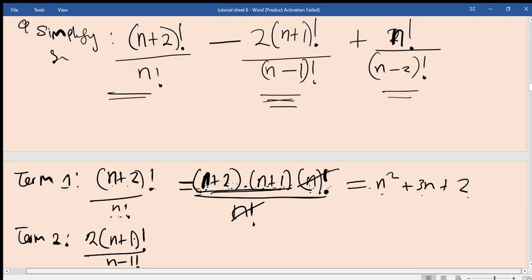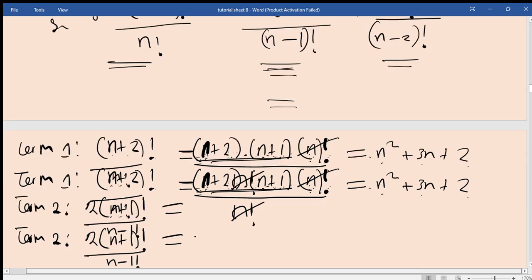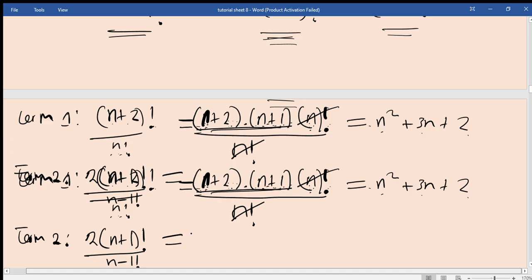What is going to happen here will just be multiplying everything by its decreasing term. So I have 2 times n plus 1 factorial. So this is now going to lead me towards 2 times n plus 1 factorial. So it means that the first term will be 2 multiplied by n plus 1.